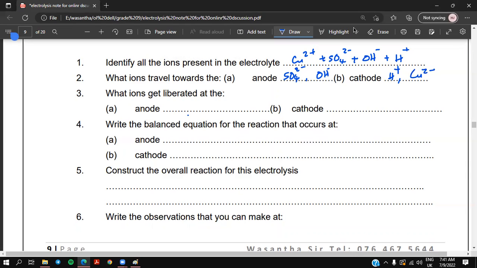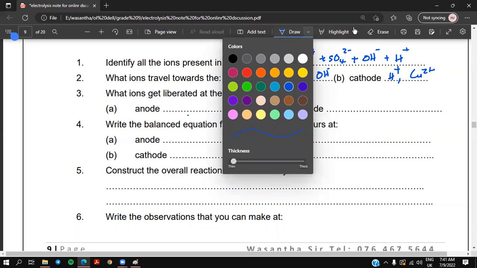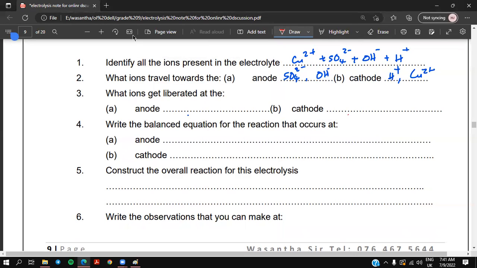Give me a second, I will change the thickness of the pen and get a different color, probably it's more suitable. What ions get liberated at the anode? OH-. And for the cathode? Cu2+.